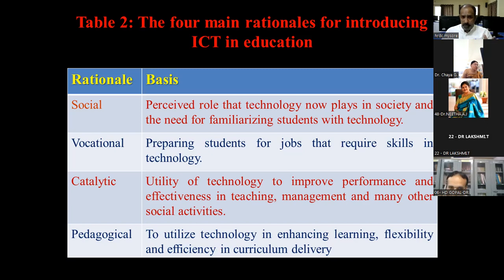When it comes to the occupational rationale, it is about preparing students for jobs that require skills in technology. Today, because almost all offices are digitized, wherever you go, you see a laptop or a desktop, right? If you go to a hotel, the waiter will come and record something in a digital notepad. If you go to a supermarket, there is a point of sale, and a person records what items are purchased by the customers, and accordingly prepares the bill.